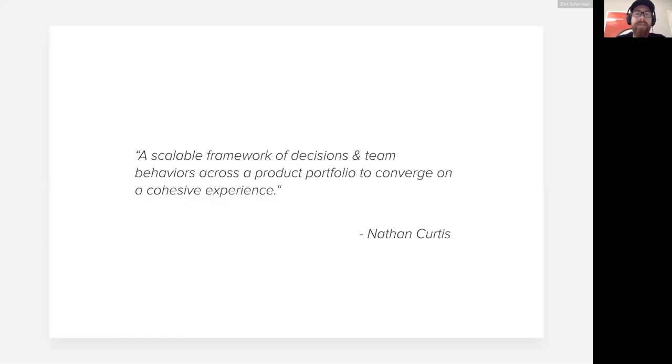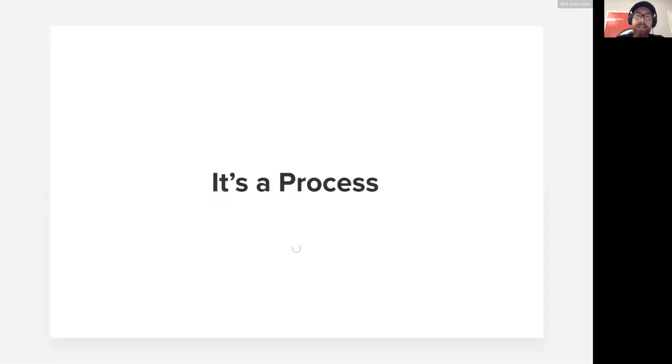So Nathan said that a design system is a framework for decision-making and team behaviors. And he famously also said that a design system is a product serving products, and as such, it should be built as a product in an agile process. So basically, Nathan Curtis is saying a design system is a process.